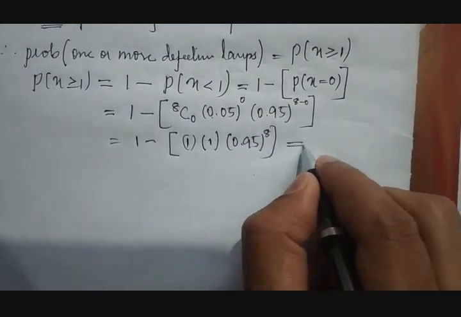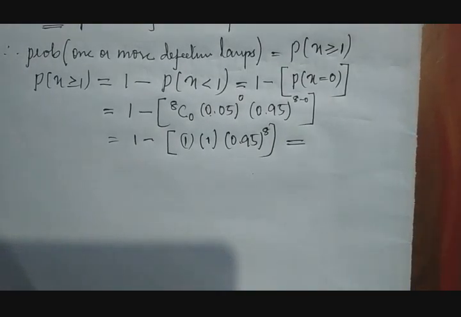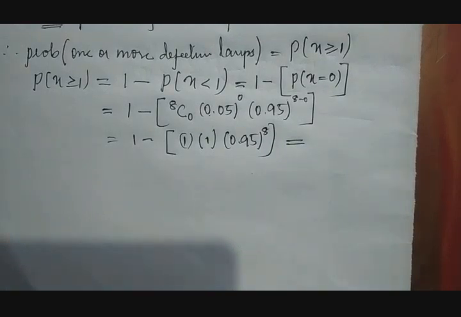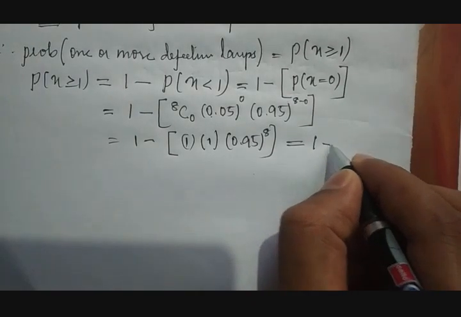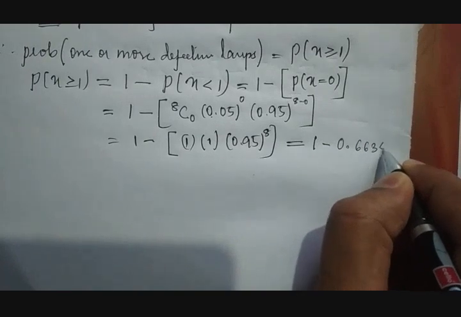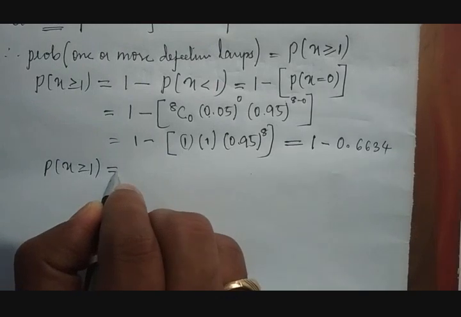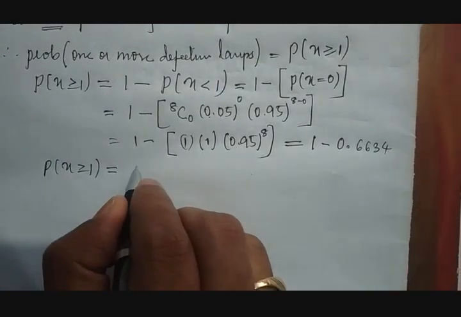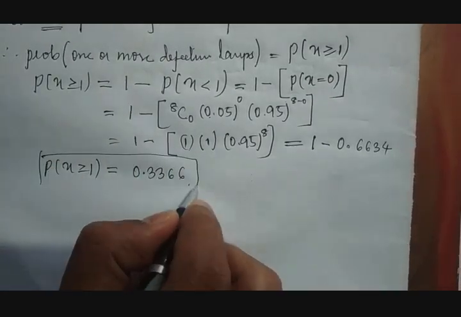If you calculate this, let us check it out: 0.95 raised to 8 is 0.6634. Therefore probability of x greater than or equal to 1 is 1 minus this, which is 0.3366. This is the answer.